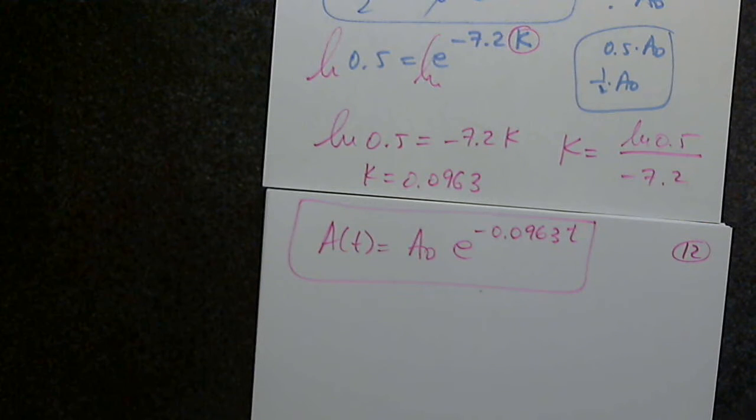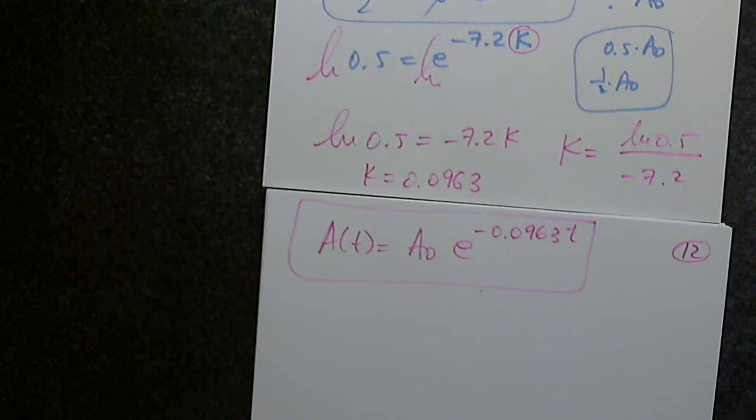So all this work was, I took the half-life, I created a point, I plugged in the point to find k. I took the half-life, and I said 7.2 comma the original amount over 2. And I plugged in that point to find the k, the radioactive decay rate.